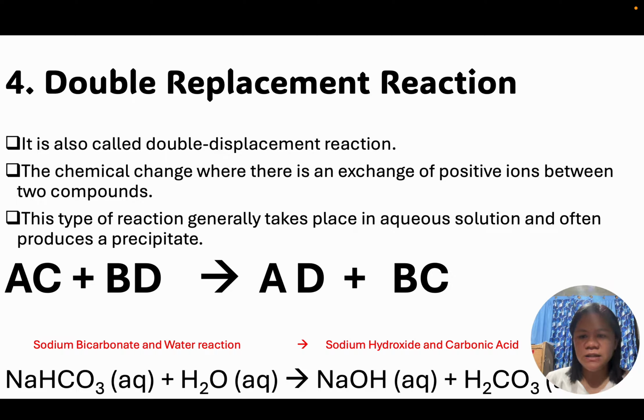Again, there is an exchange of positive ions between two compounds. As you notice, they change position. Sodium and hydrogen ion, which are our positively charged ions, change places and associate with the other anions, which are the OH and the HCO3.